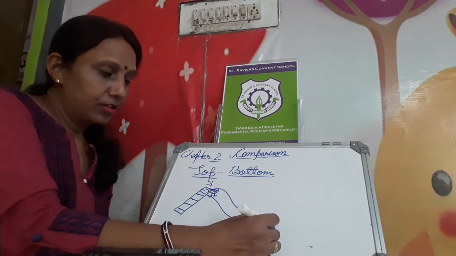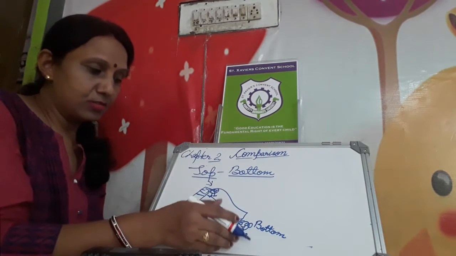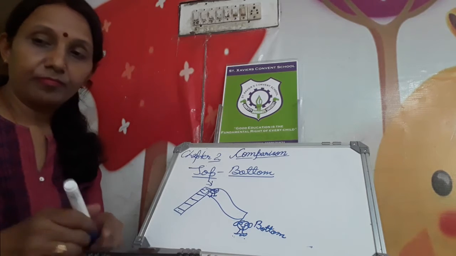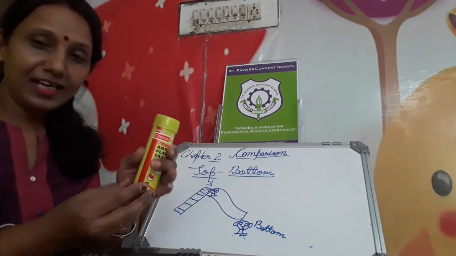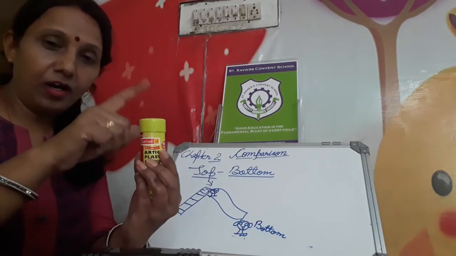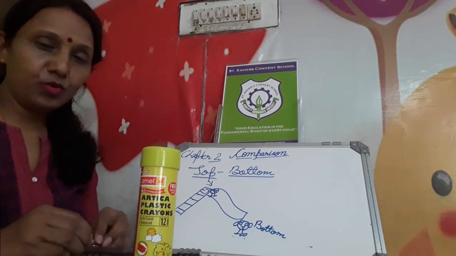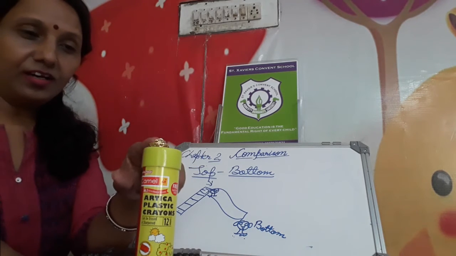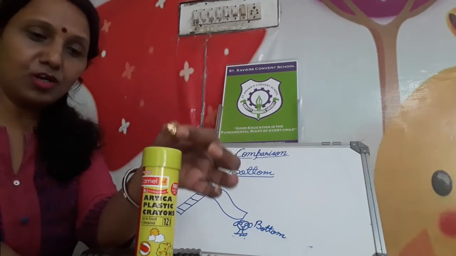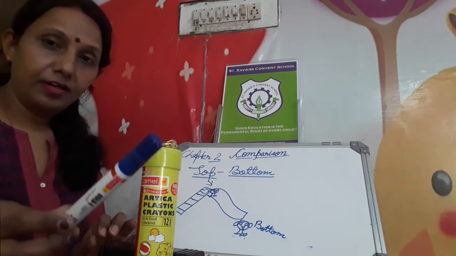So this down area is known as the bottom of a thing, and this one is the top of the thing. Alright, I am just showing you this color box. Easily you can see here what is there on the top of this box. I am showing you this ring is kept here on the top of the box, and here this marker is where?